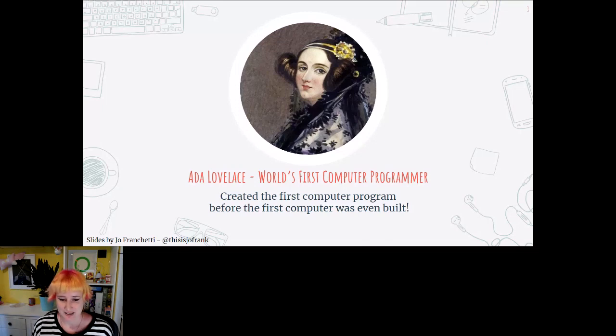At 17 years old, she met Charles Babbage, who was a very renowned mathematician and inventor at the time. He'd invented a machine called the difference engine that could perform simple calculations. It could do maths. He also made designs for a more complicated machine, which was called the analytical engine.